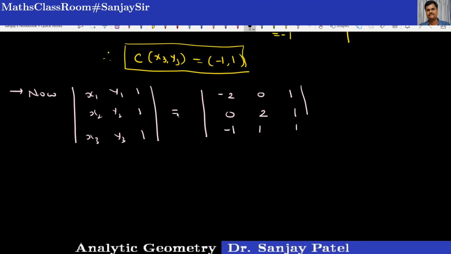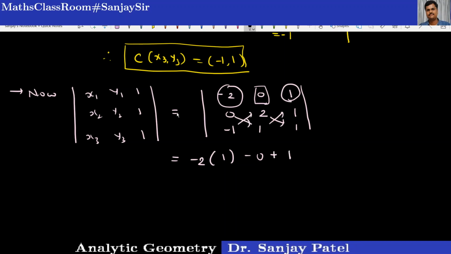So let us simplify this determinant. Minus 2 is fixed, and then this into this minus this into this, so 2 minus 1 is 1. Then minus 0 into something is 0 for the second element. And for the third element in the first row, we take 1 into this into this minus this into this: 0 into 1 is 0, and minus 1 into 2 is minus 2, so with the sign we finally get plus 2.